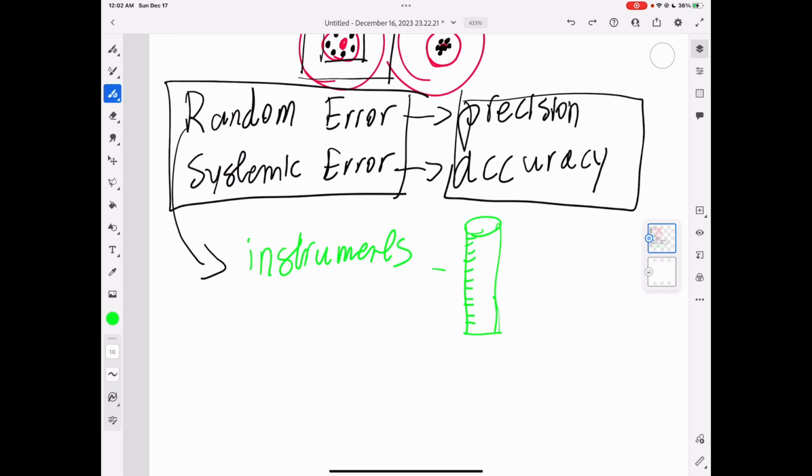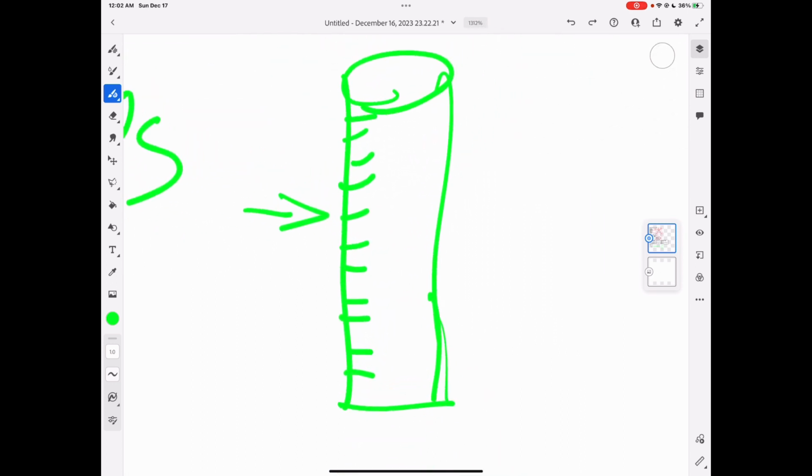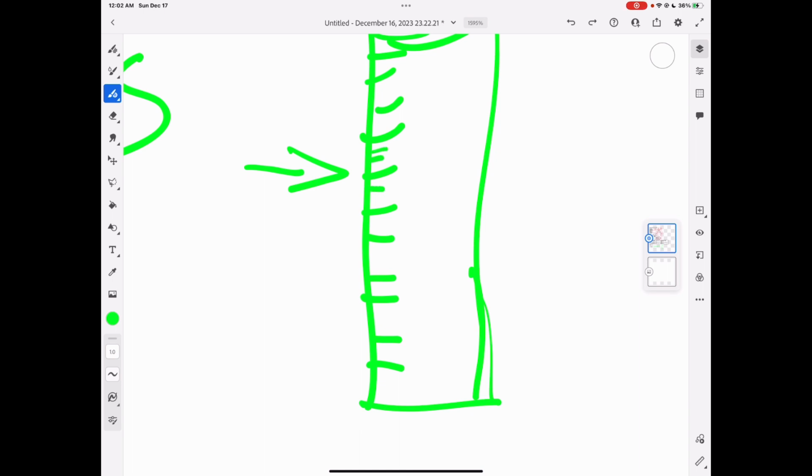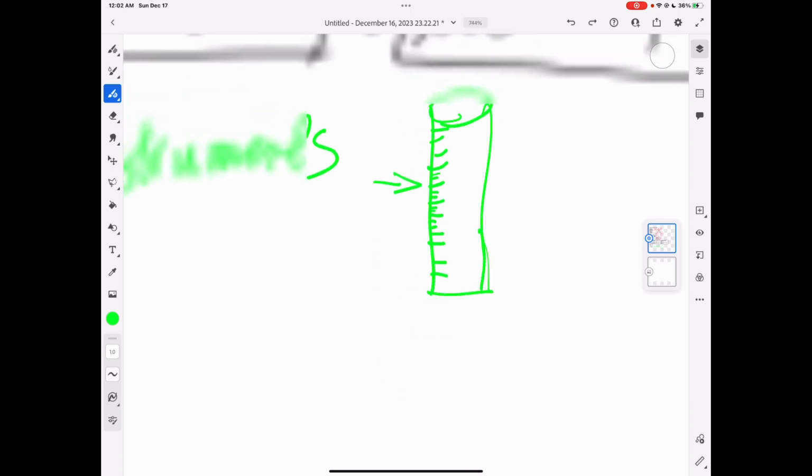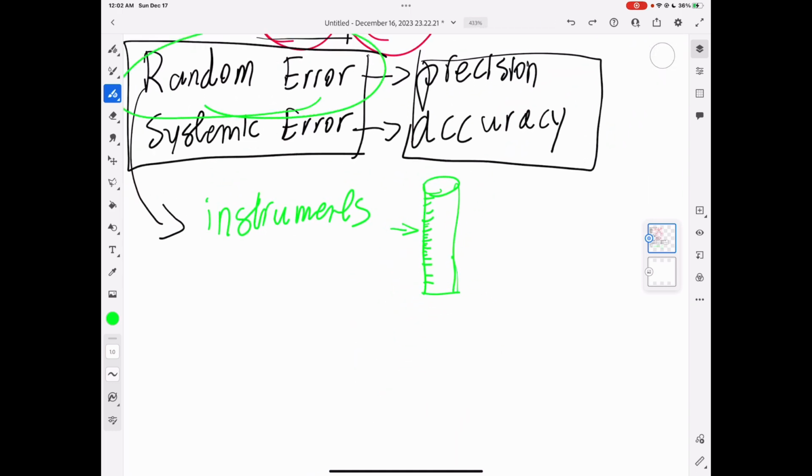Basically, as we will later talk about with significant figures, something like this, a graduated cylinder like this compared to one with markers in between, meaning a more precise measurement, will result in less random error. For systemic error, what we want is a better procedure or a better methodology. What happens in systemic error is that there's one thing that messes up the entire experiment and causes every value to be shifted.